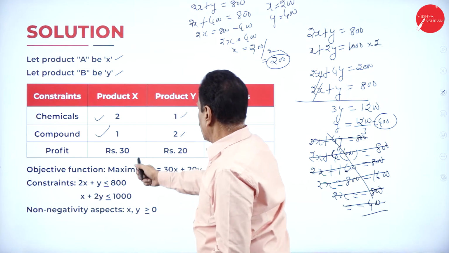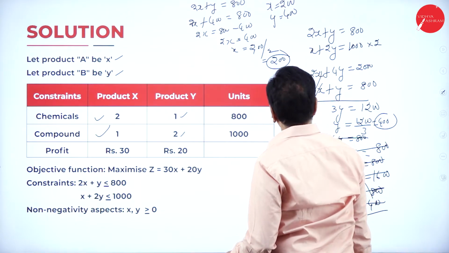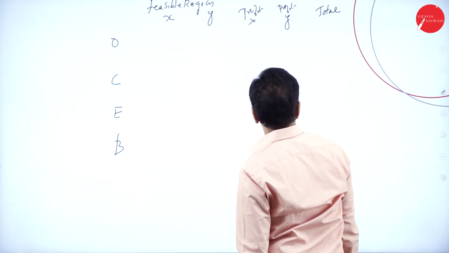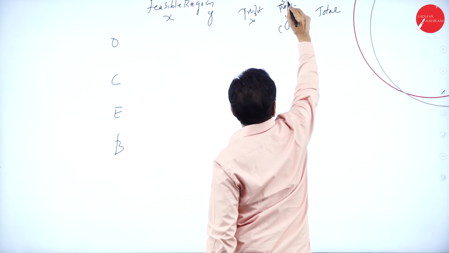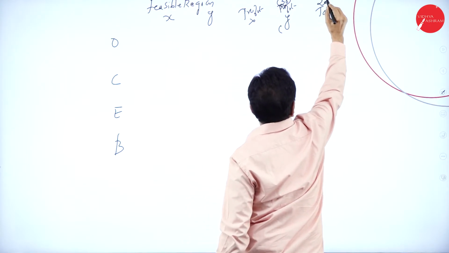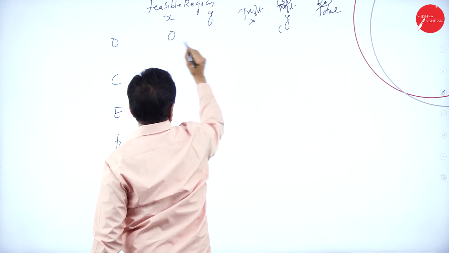So what is the profit of X here? Profit of X is 30, Y is 20. This is 20. First 0 at the point O.